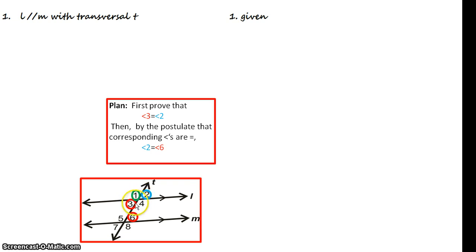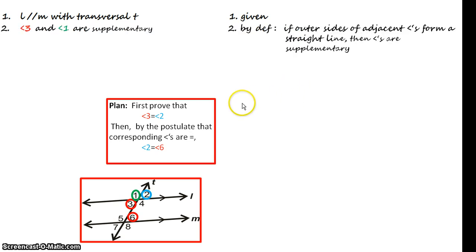Let's start by stating their relationship. We'll say that angle 3 is supplementary to angle 1. Well, how do we know that?